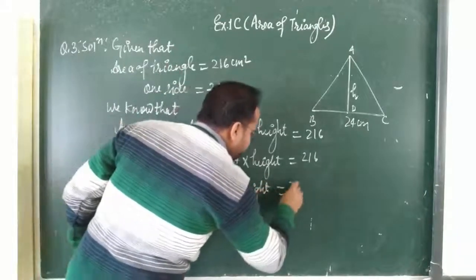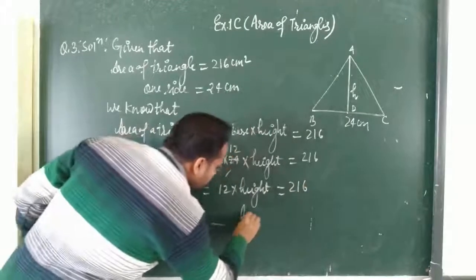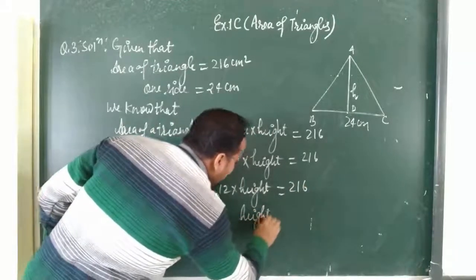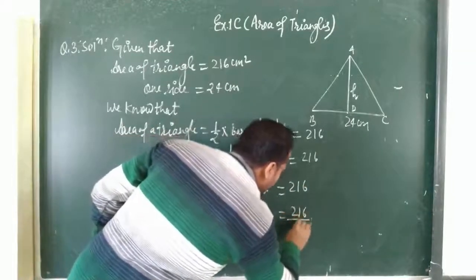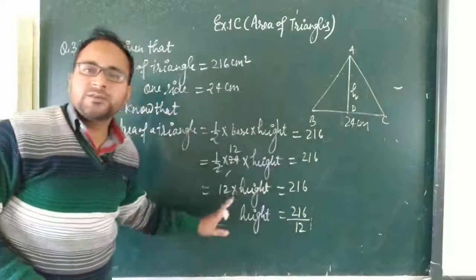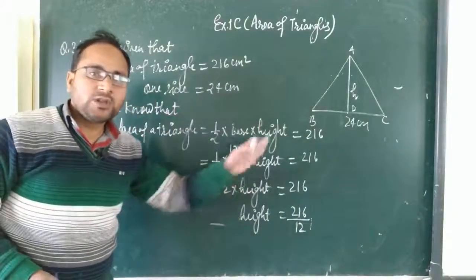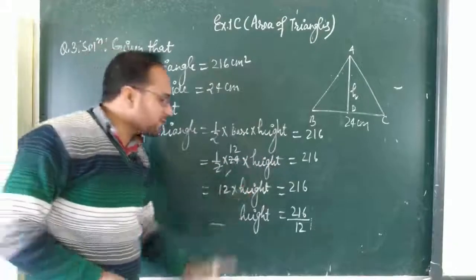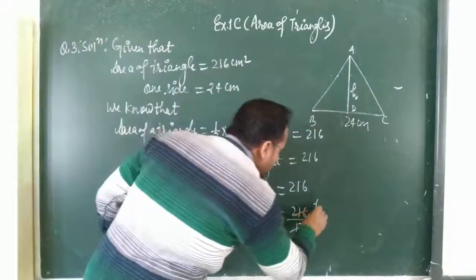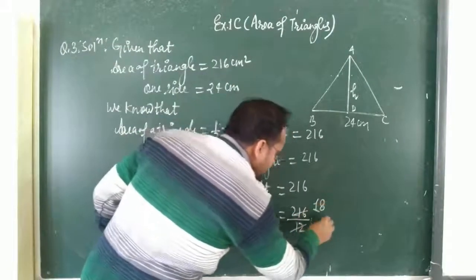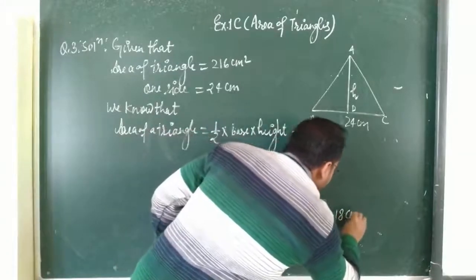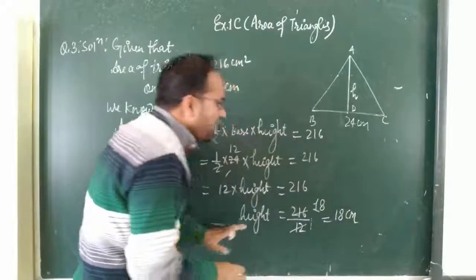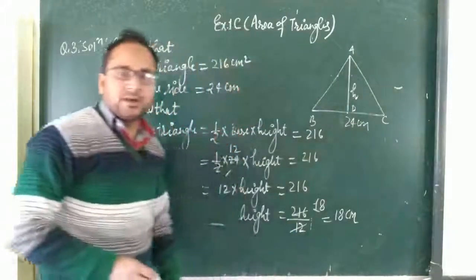Now height is equal to 216 upon 12. 12 is in the form of a multiplication, goes to the right side, multiplication changes into division, and it cancels out, you will get 1 and 8. So you will get 18 centimeter, okay, is the corresponding height of this figure.